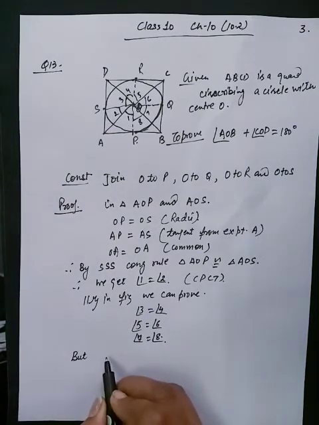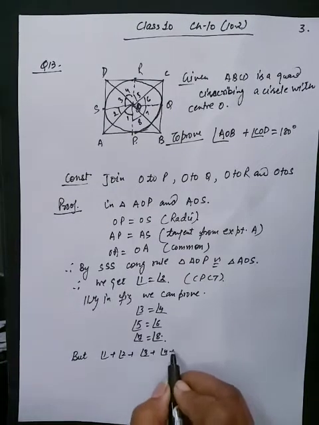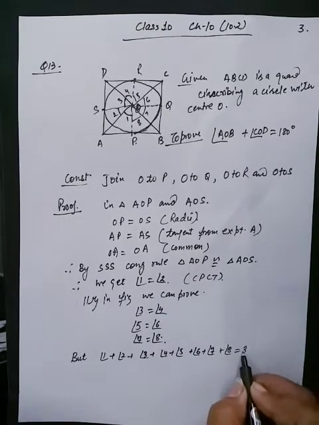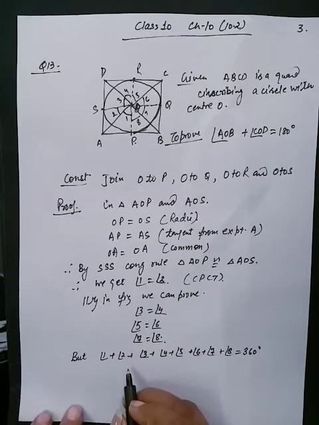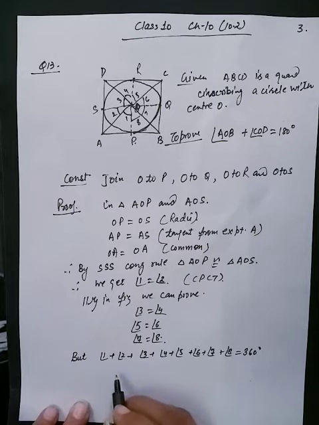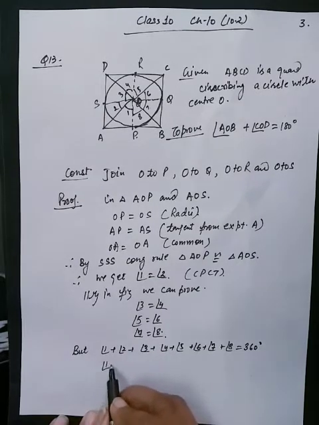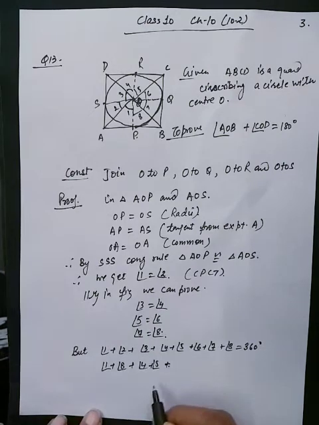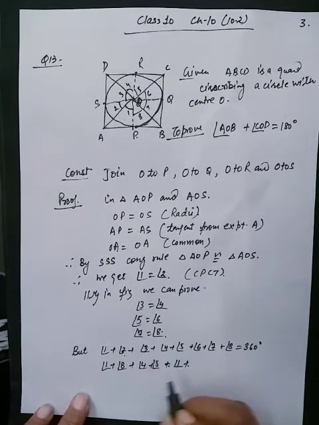But sum of these 8 angles from the figure is 360 degree. Angle 1 plus 2 plus angle 3 plus angle 4 plus angle 5 plus angle 6 plus angle 7 plus angle 8 is equal to 360. Now we can replace these angles as angle 1 plus 8 plus 4 plus 5 plus angle 2, this one angle 2 can be written as angle 1.